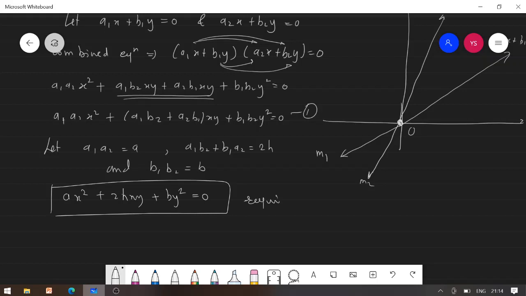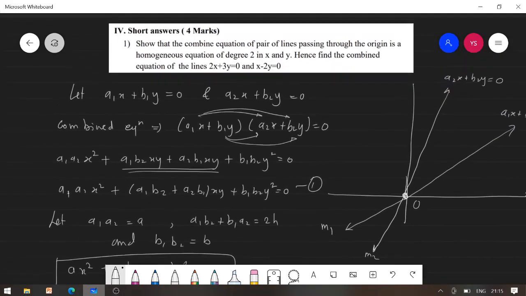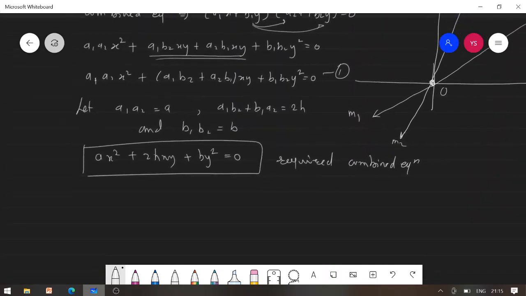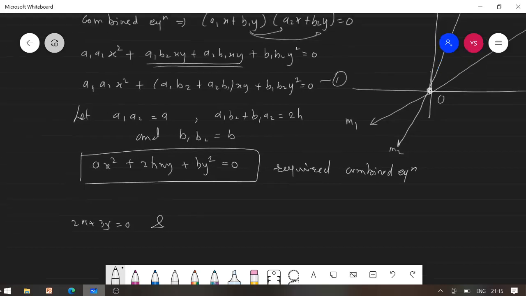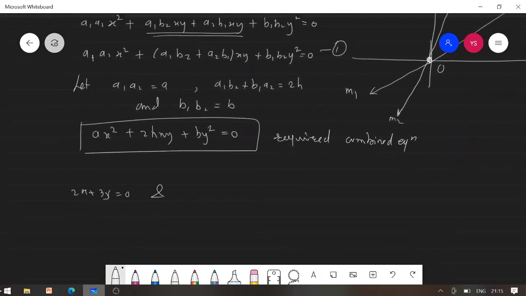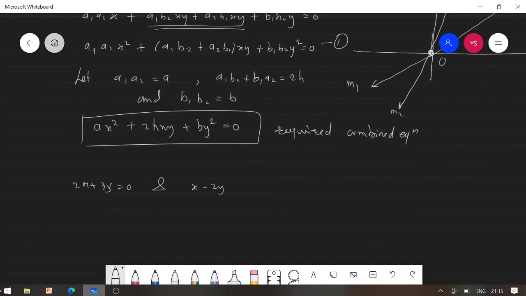So that is the required combined equation. Now we have to find, that means hence find, the combined equation of lines 2x plus 3y equals to 0, and the second equation we have is x minus 2y equals to 0.